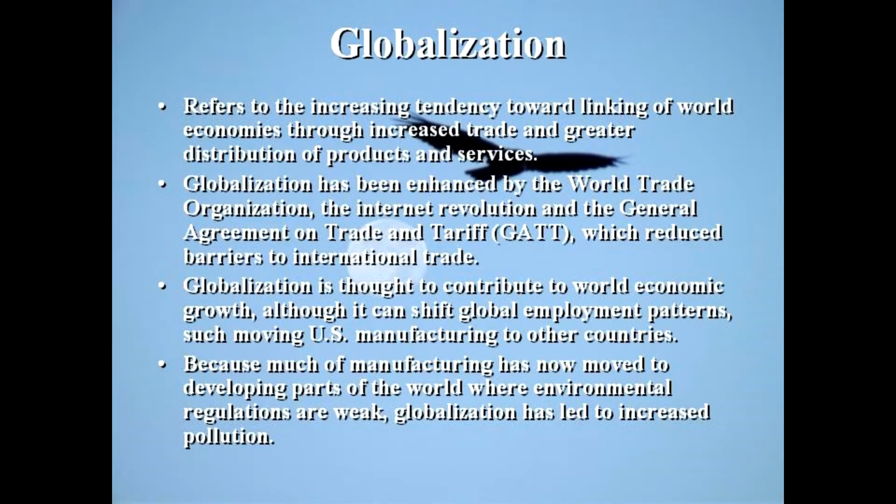Another issue that has arisen is that countries that have more lax environmental pollution standards are often places where certain kinds of polluting industries move to, so those parts of the world are differentially affected by pollution and their populations suffer the consequences of that.